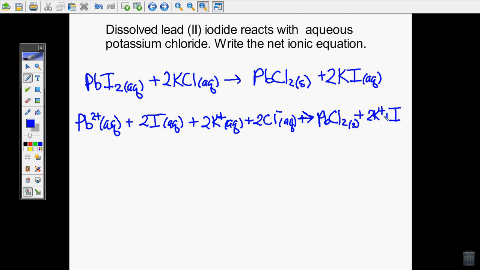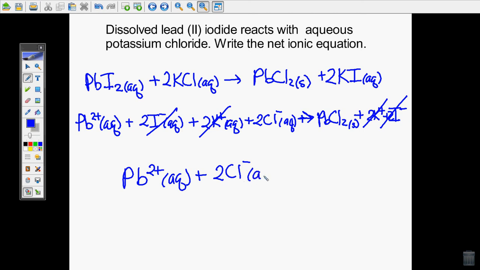Okay, whatever. These are spectator ions anyway, so they'll be canceled out. And we get Pb 2 plus aqueous plus 2 Cl minus aqueous yields PbCl2 solid.